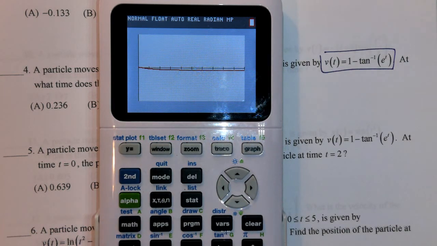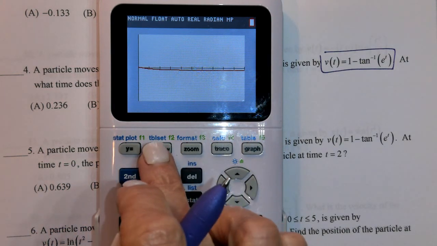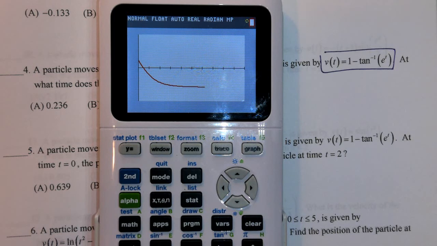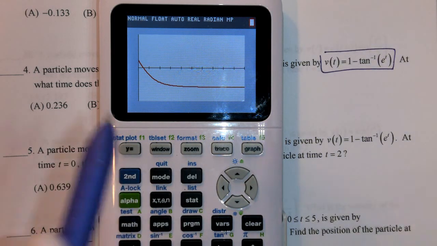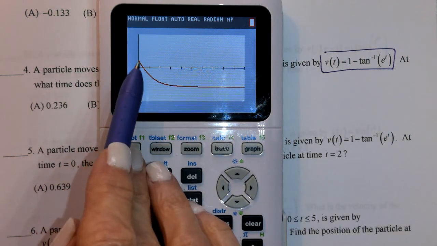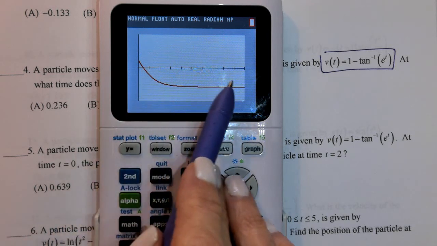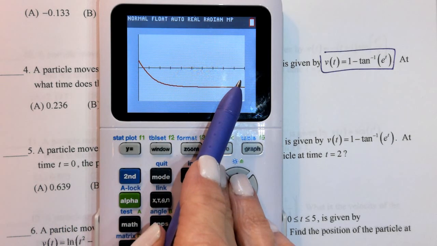Okay, I did not need -10 to 10. I think actually probably -1 to 1 would have worked just fine. Yeah, it sure would. So the velocity is positive from 0 to this time, and then the velocity is negative from this time on, right?